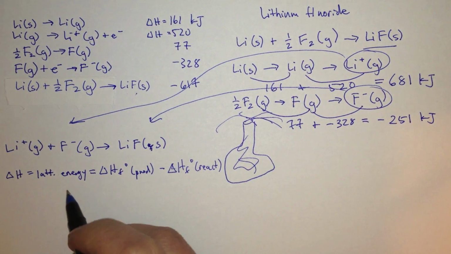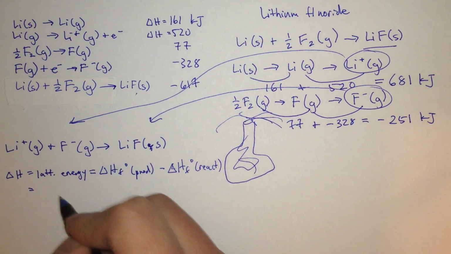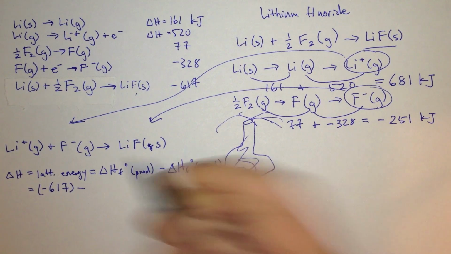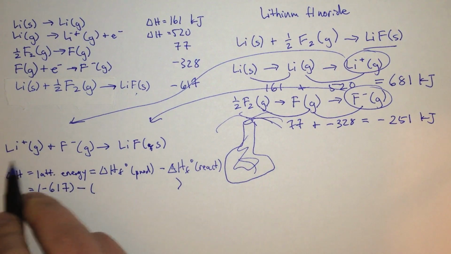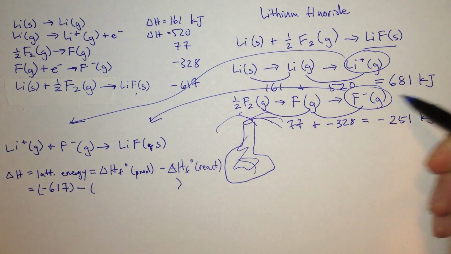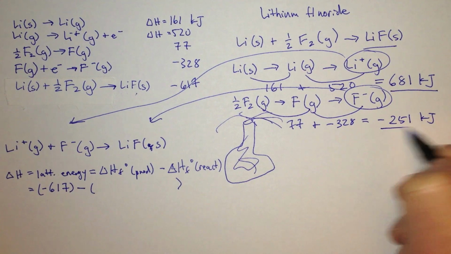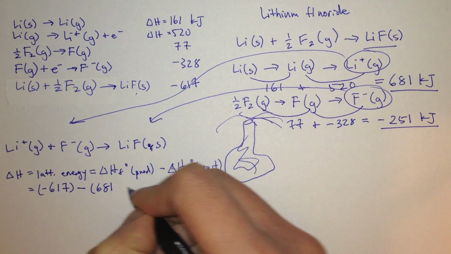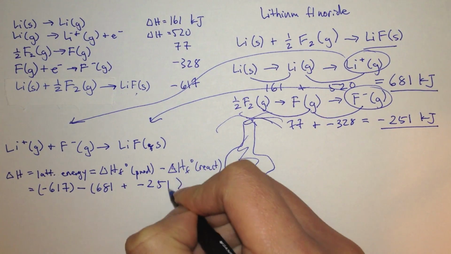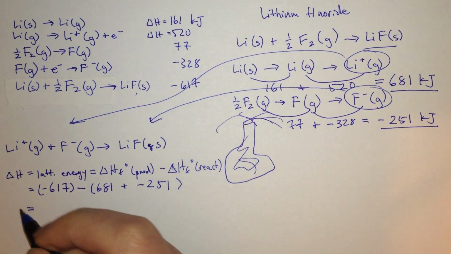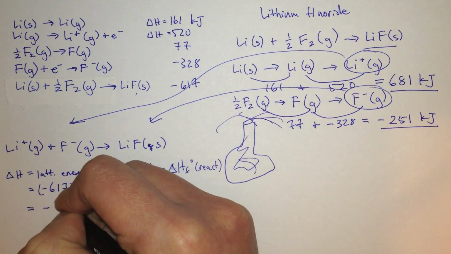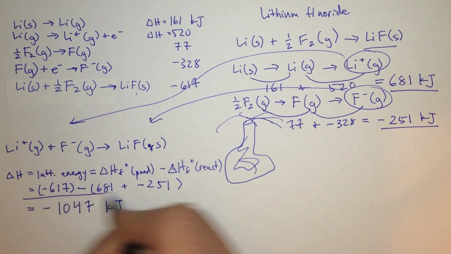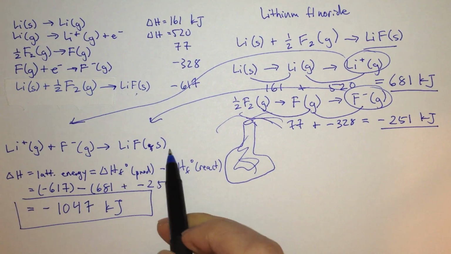So let's use those values, and we get negative 617 minus the sum of the heat of formation of the products, which was 681 plus negative 251. And this is equal to negative 1047 kilojoules. And that's the lattice energy of lithium fluoride.